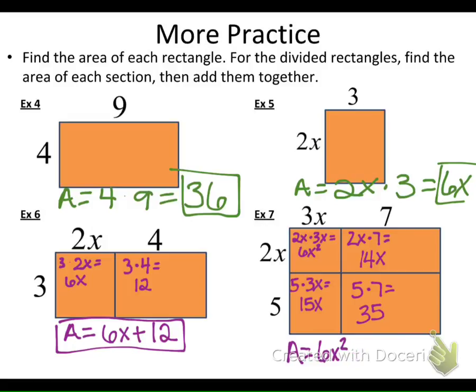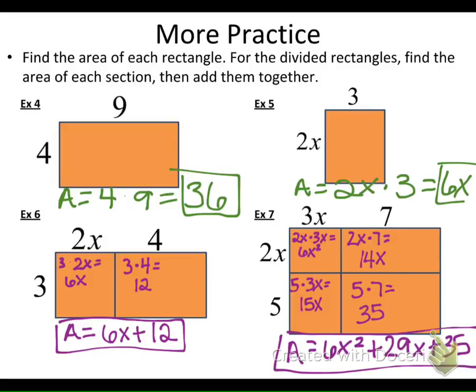So I can combine those two like terms to get A equals 6x squared plus, what's 15 plus 14? 29. 29x plus 35. Awesome! That's my answer. And then box that.